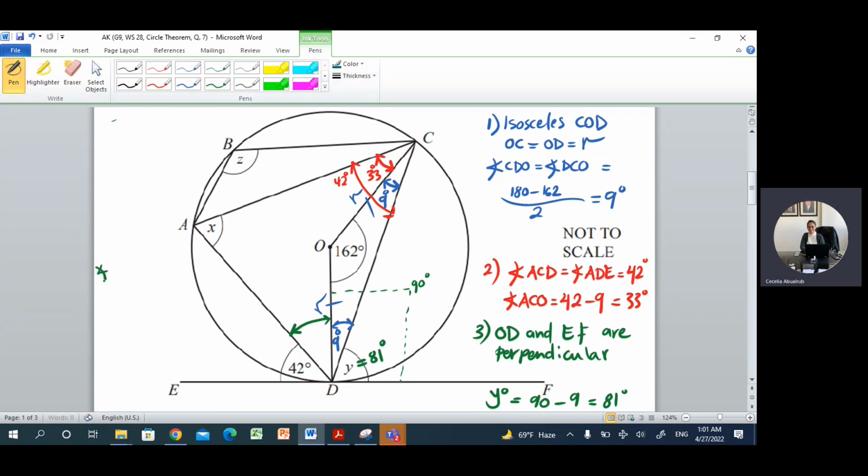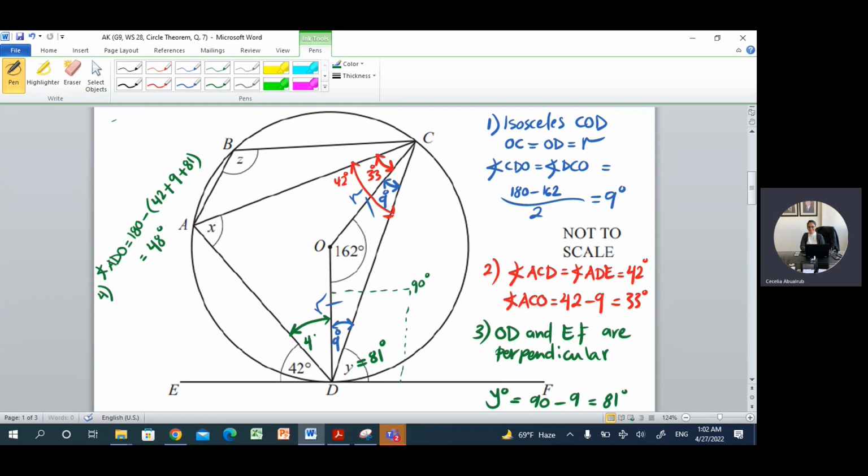So this is step number 4, angle ADO is equal to 180 minus all the given angles, 42, 9, and 81, so 180 minus (42 plus 9 plus 81), and this will bring the angle down to 48 degrees.